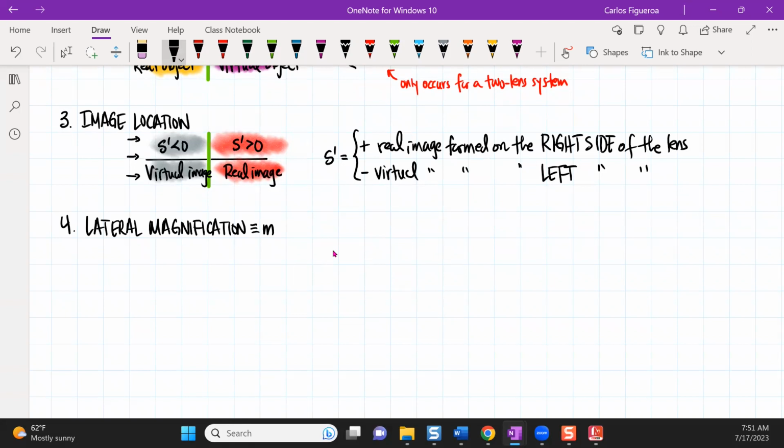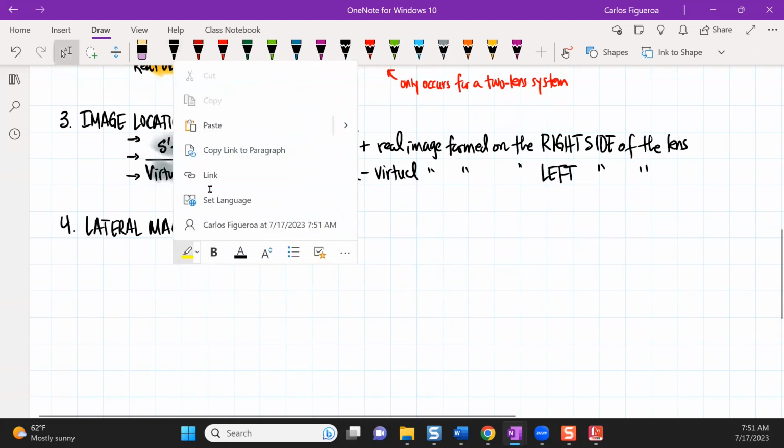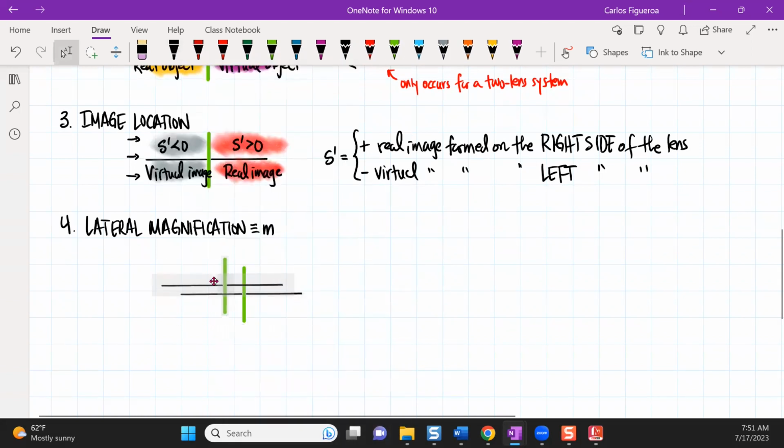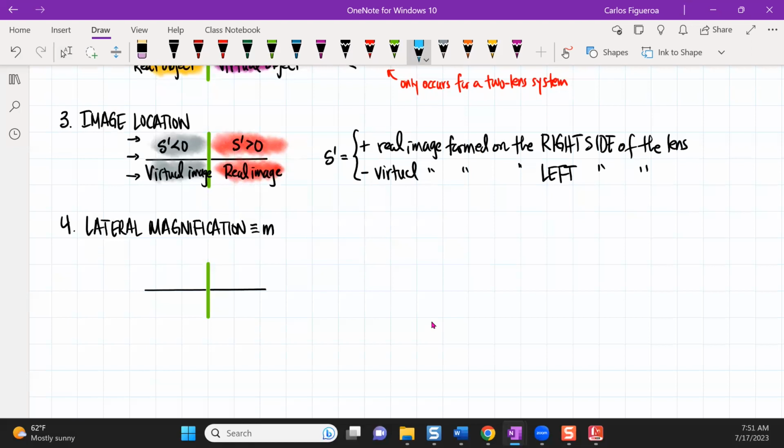Okay, so I'm going to write this. I'm not really sure how to do this. So let's set up our coordinate system again. So here's what we know: we have two sides. If I look at this side over here, and I'm looking at an image, we know that images on this side are going to be real images.